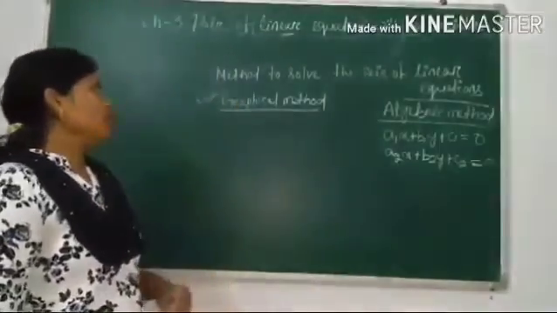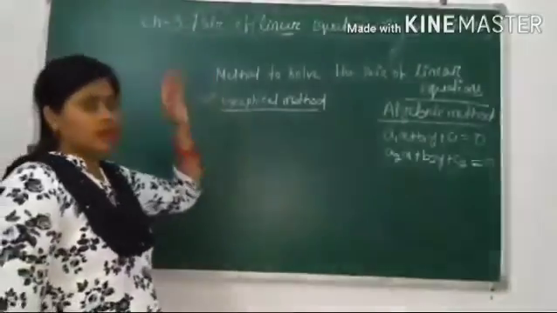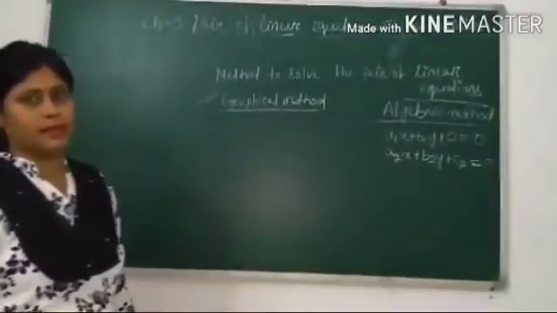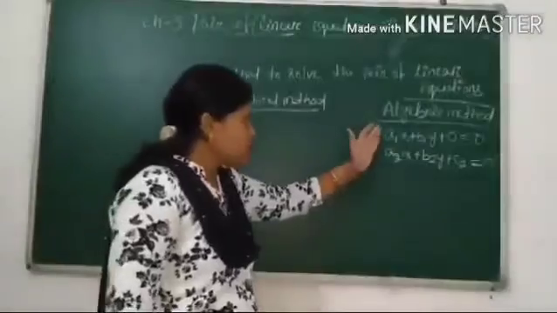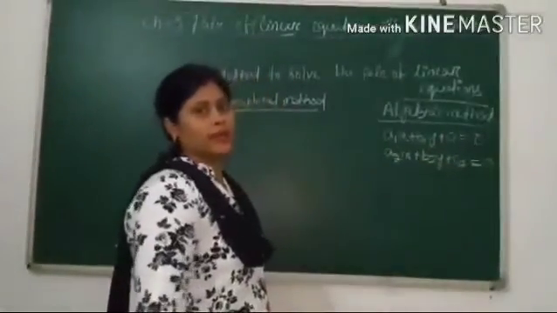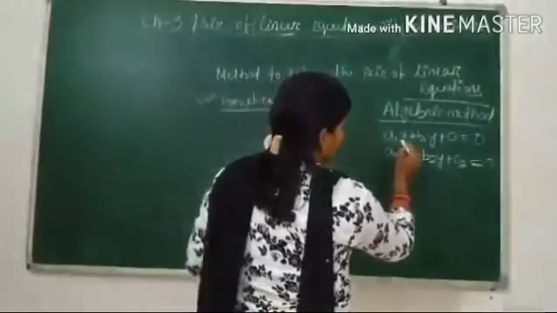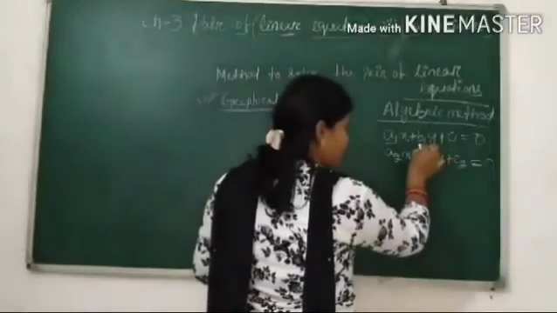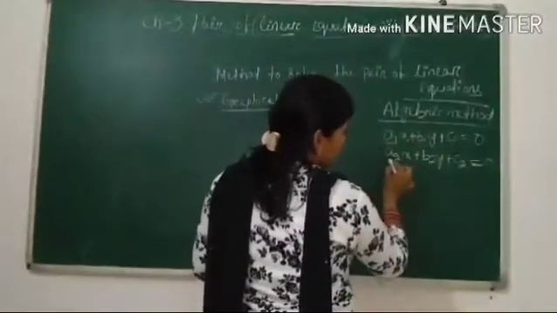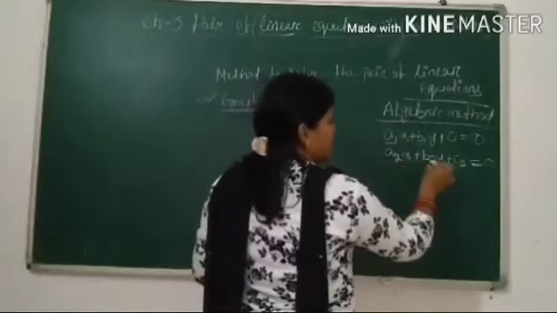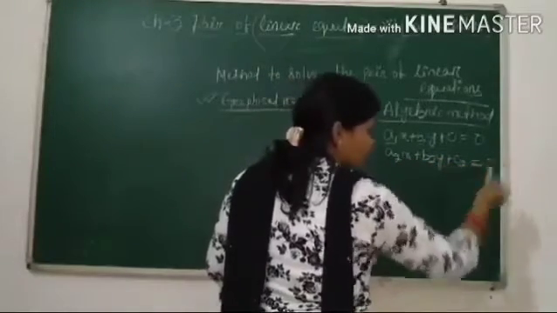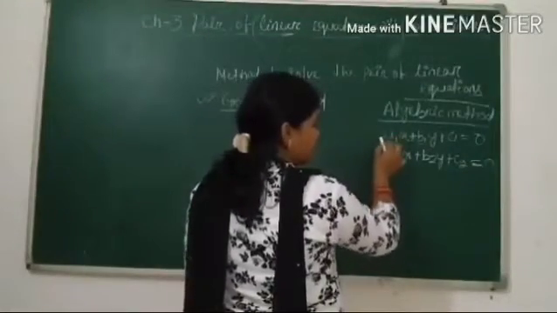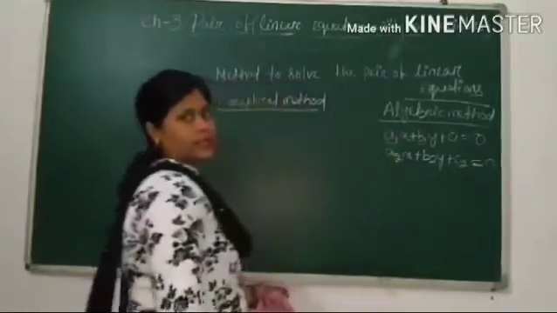Our main motto is that you have to compare the coefficients of both the equations. As you know, a1 is the coefficient of x, b1 is the coefficient of y and c1 is your constant, and a2 is the coefficient of x, b2 is the coefficient of y and c2 is your constant. In both the equations you have to compare the coefficients.